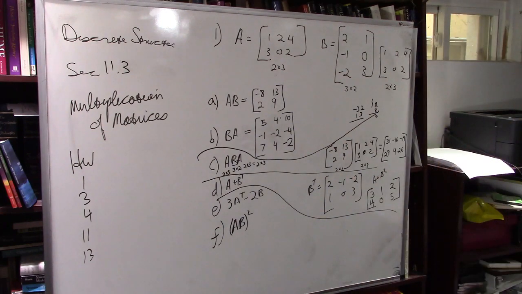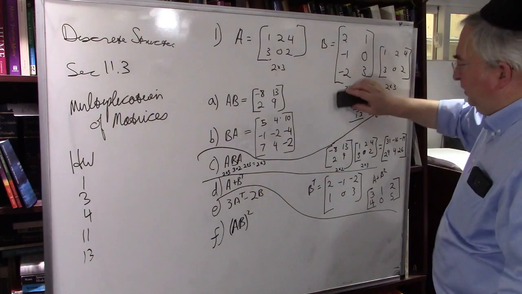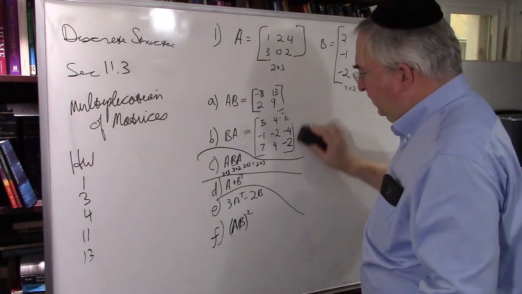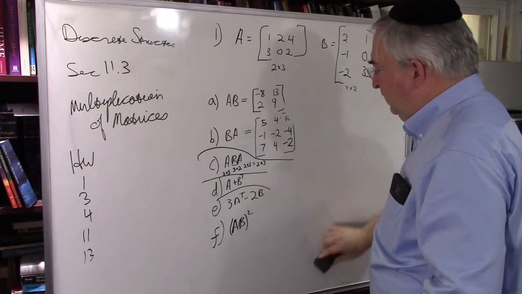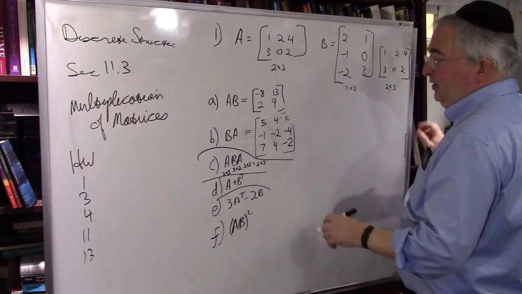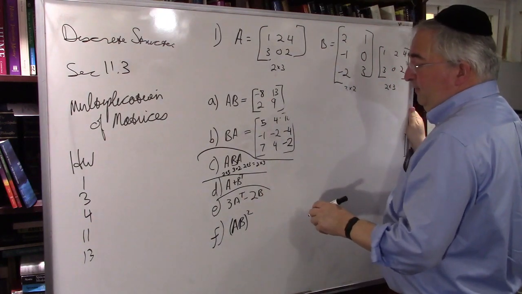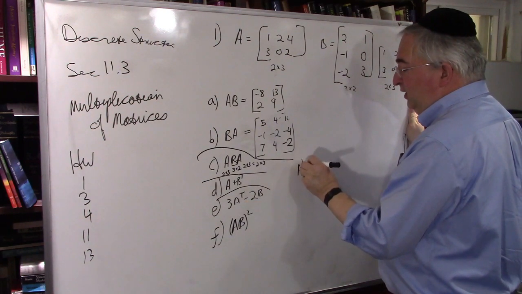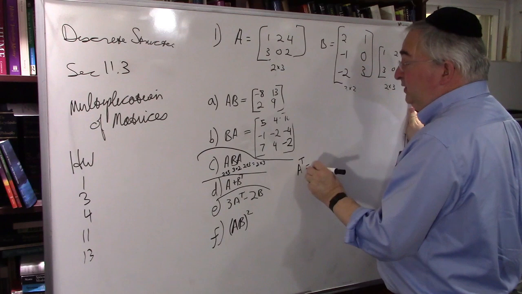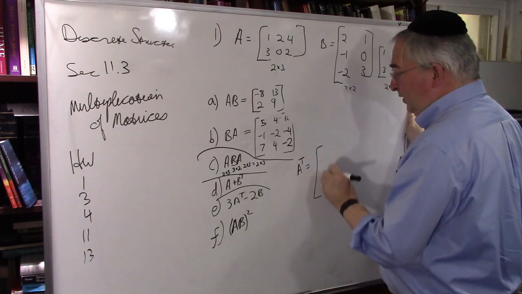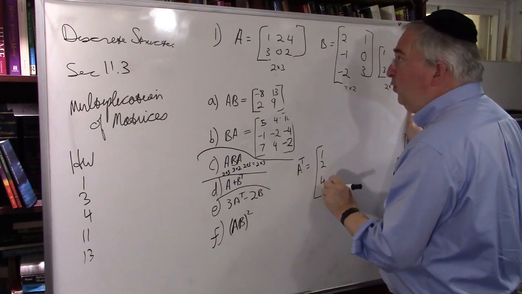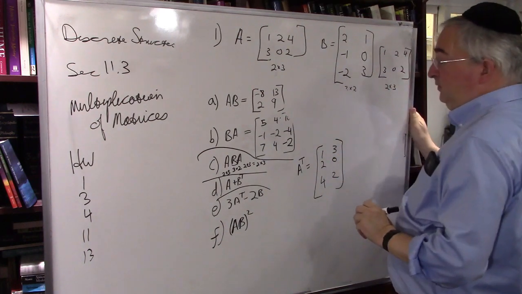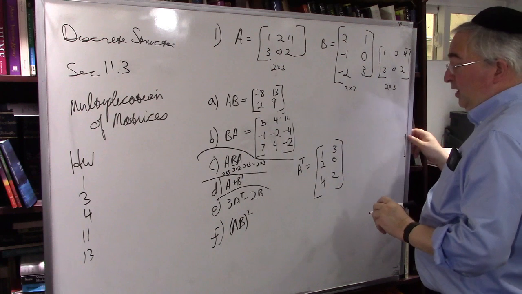Okay. Anyways, we don't need this. You can look at this later on the video. But I can erase this and get some room. Okay. So let's do A transpose. A transpose is this: 1, 2, 4, 3, 0, 2.